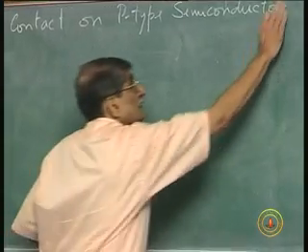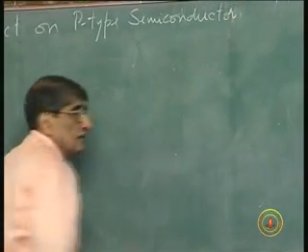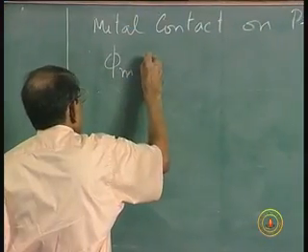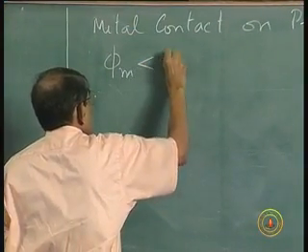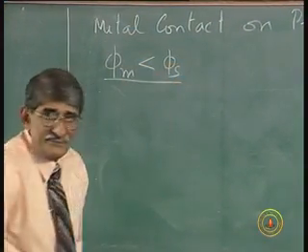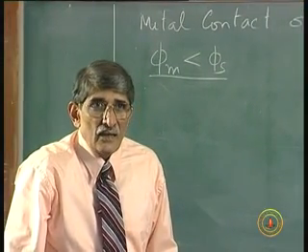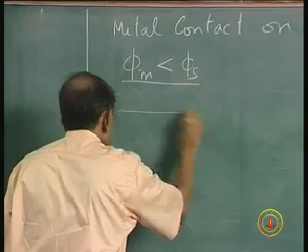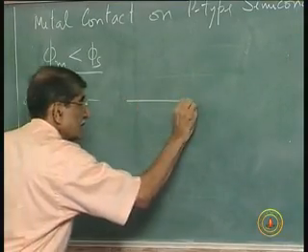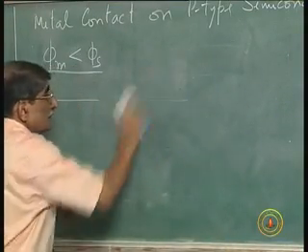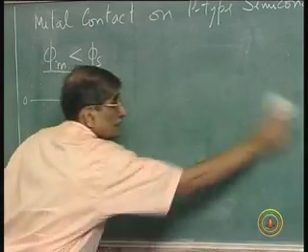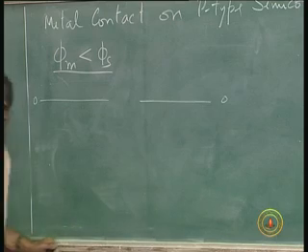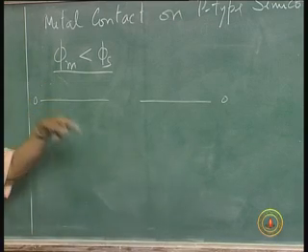On the p type semiconductor, let us take the case where phi m is less than phi of s. When phi m is less than that, I will draw the 0 level corresponding to the semiconductor and the metal. That is the 0 level.